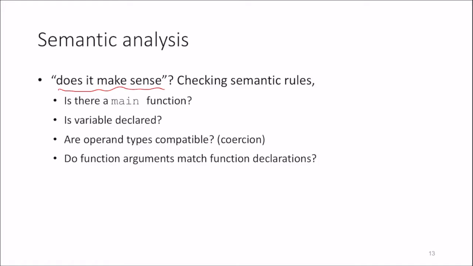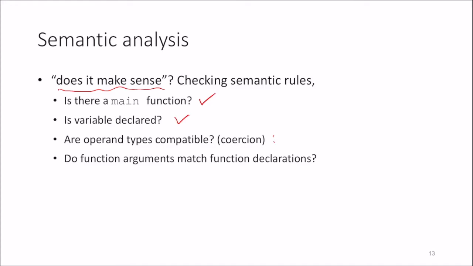So some of the more specific questions about does it make sense are, is there a main function? Okay, we need a main function because otherwise we don't know where to start the execution of the program, especially in a compiled setting where you're creating a binary executable. If you're using a variable, is it declared somewhere? Are the operand types compatible?